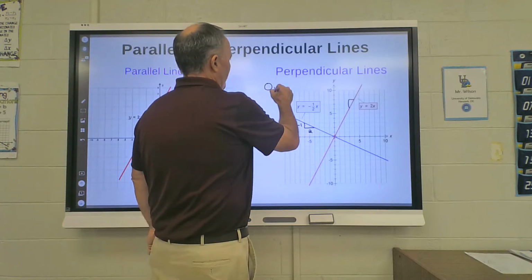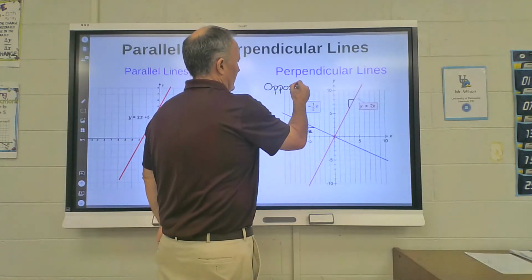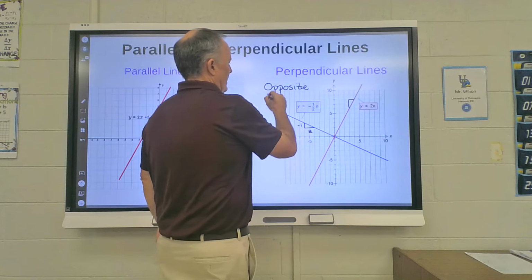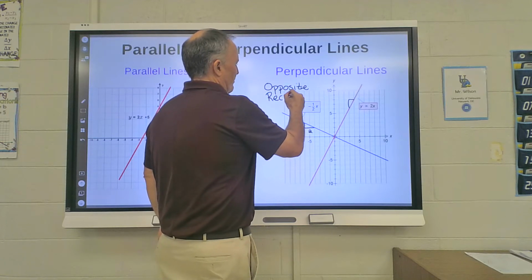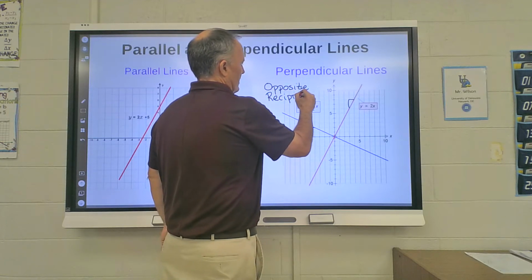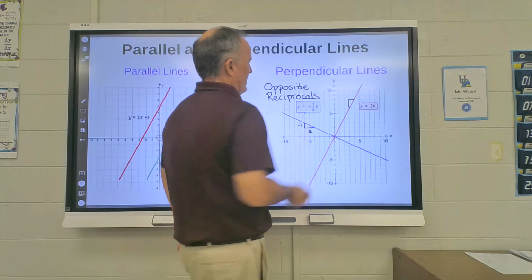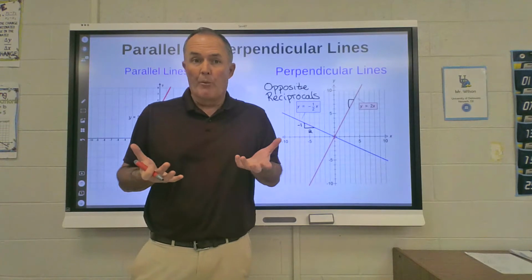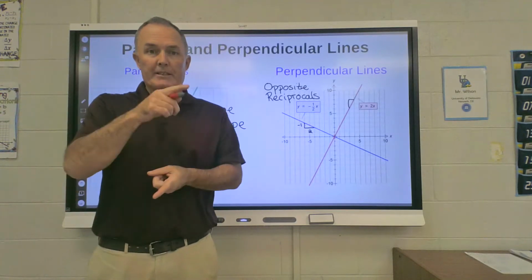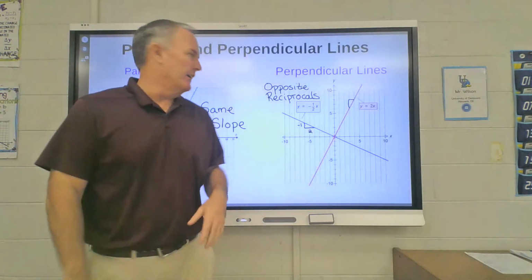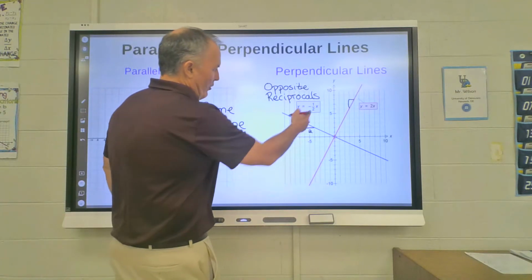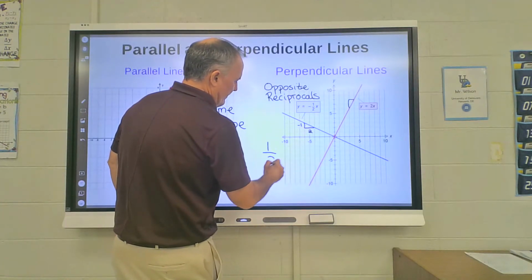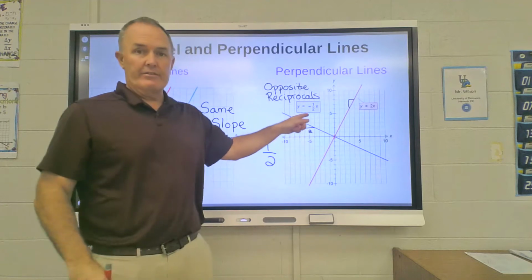All right, these are called opposite reciprocals. What does that mean? That basically means if you take a fraction or a slope with rise over run, you flip it upside down and then change the sign. For example, on one slope I have negative 1/2.